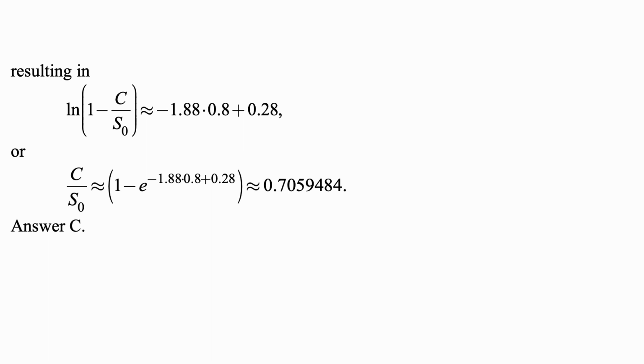And therefore, the natural logarithm of 1 minus C over S0 is approximately negative 1.88 times 0.8 plus 0.28, and C over S0, the quantity we're looking for, is approximately 1 minus e to the minus 1.88 times 0.8 plus 0.28. We just calculate that, and that's approximately 0.7059484, and that's answer C.